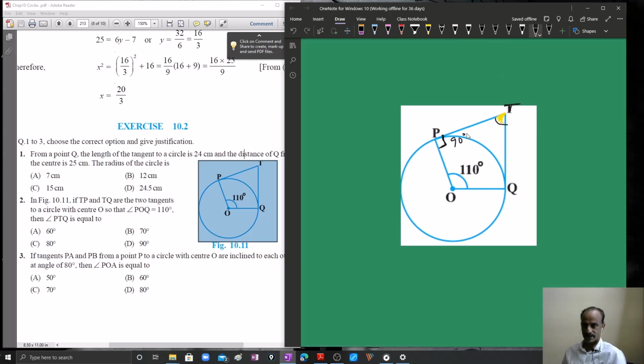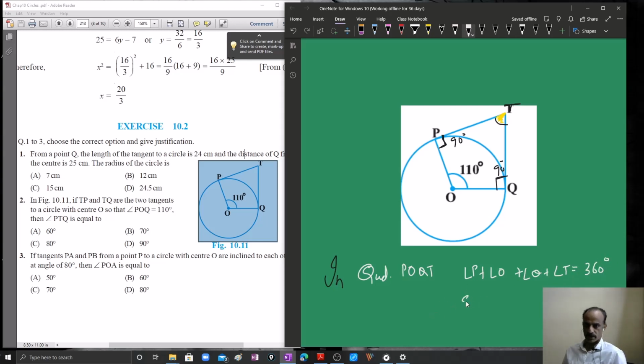90 degrees. Reason: tangent is perpendicular to the radius at the point of contact. So we have a quadrilateral, 1, 2, 3, 4. In quadrilateral POQT, angle P plus angle O plus angle Q plus angle T is equal to 360 degrees.